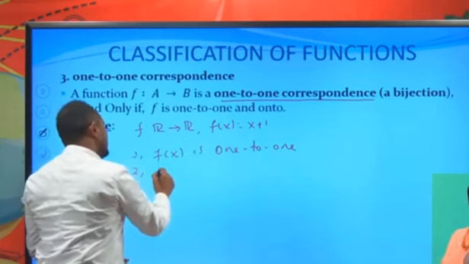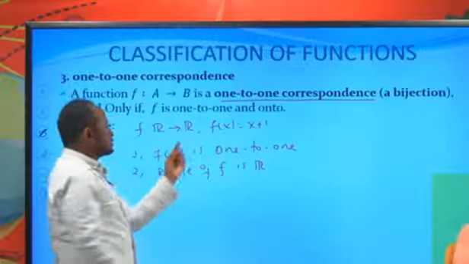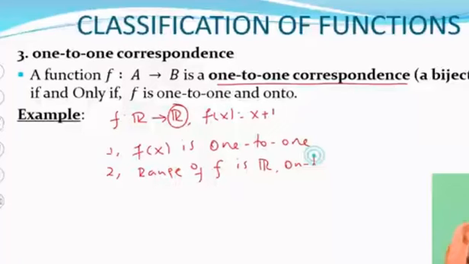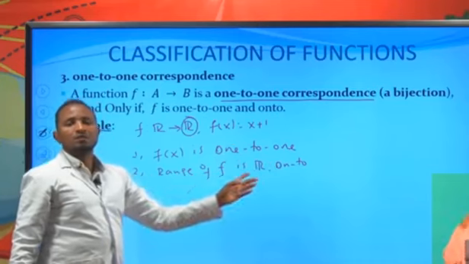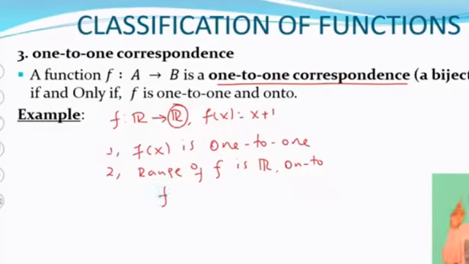Yes, the range of f is the set of real numbers. So it is onto. Since it satisfies one-to-oneness and onto-ness, f is a one-to-one correspondence.